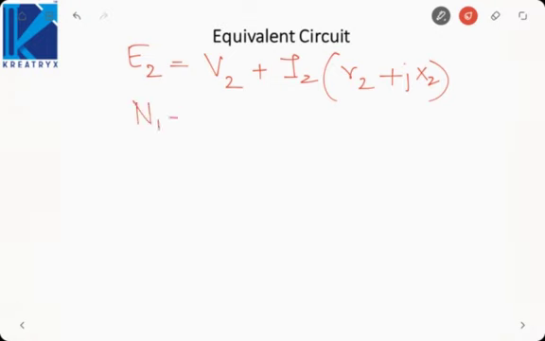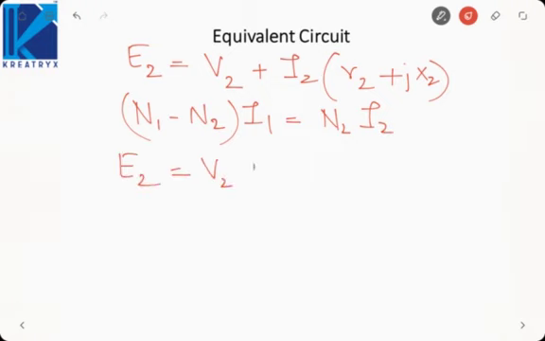Now we know in a two winding transformer, primary and secondary MMF are equal. That is N1 minus N2 into I1 should be equal to N2 into I2. So we can write E2 as V2 plus N1 minus N2 by N2 into I1 into R2 plus jX2.